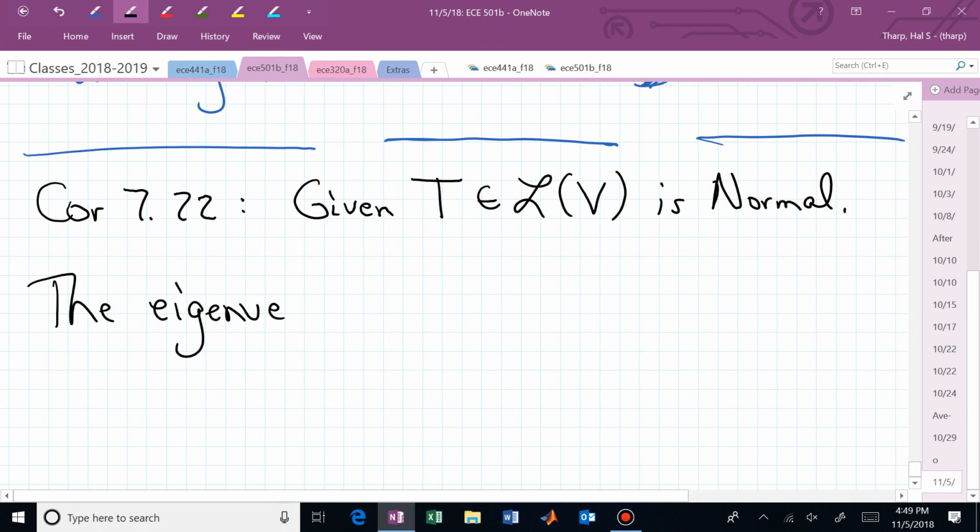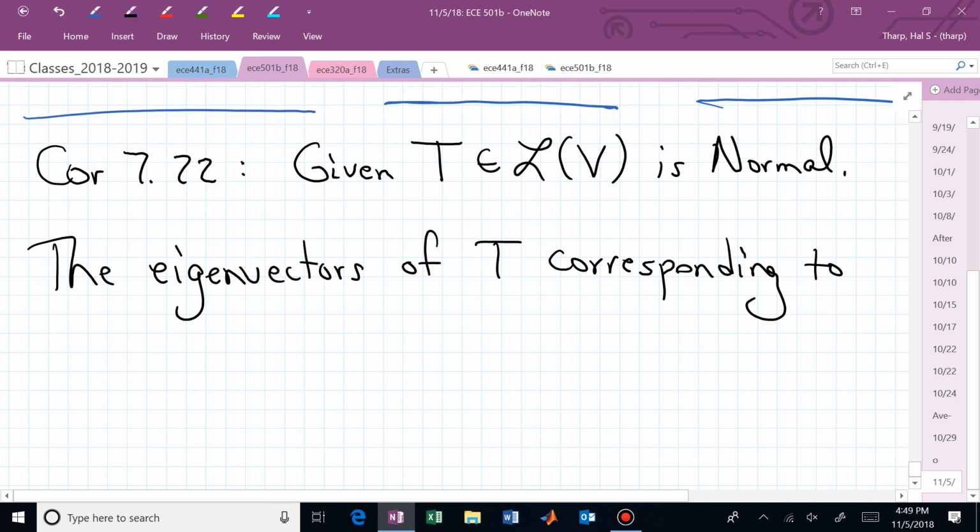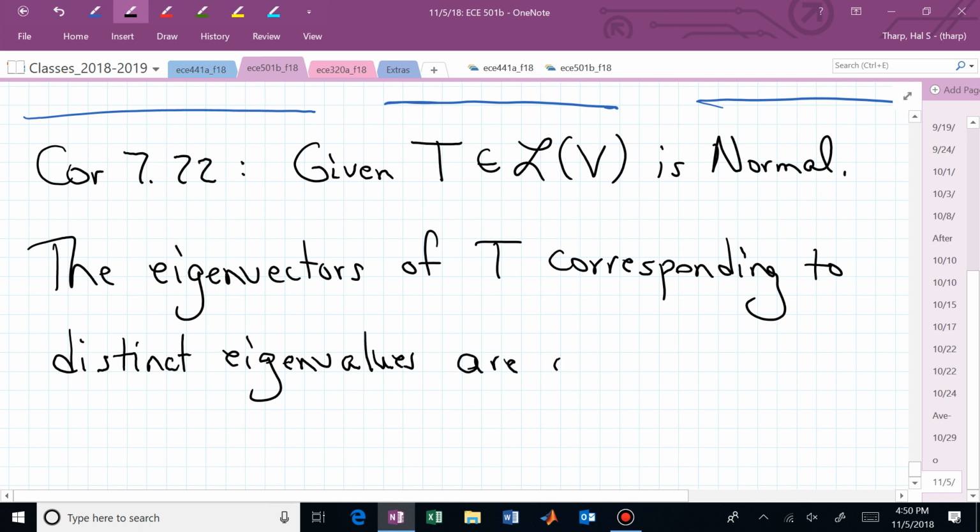The eigenvectors of T corresponding to distinct eigenvalues are orthogonal.